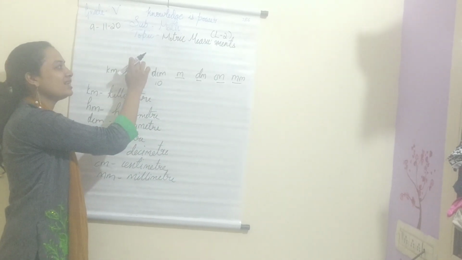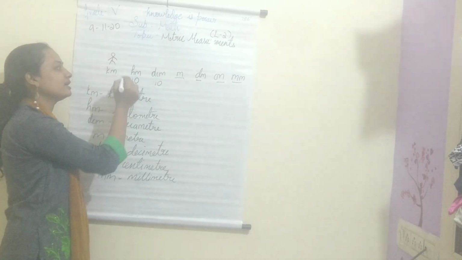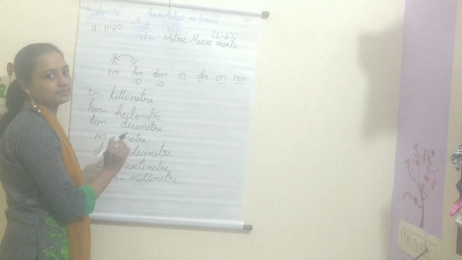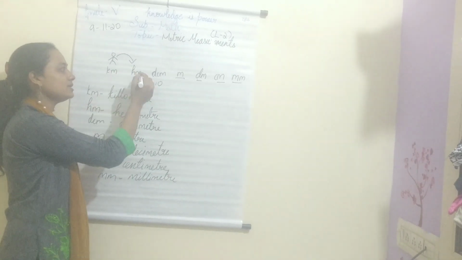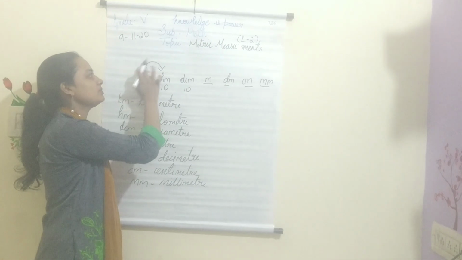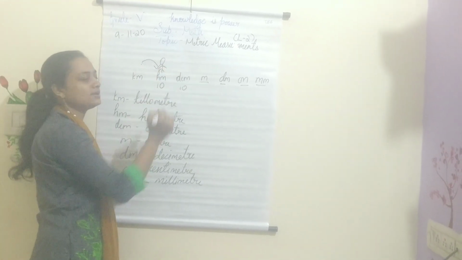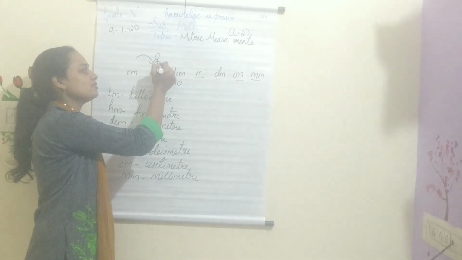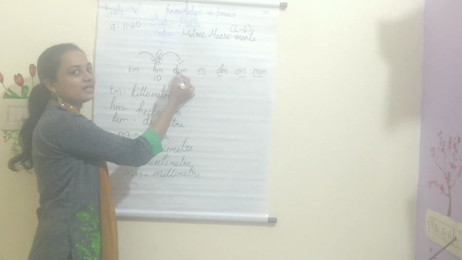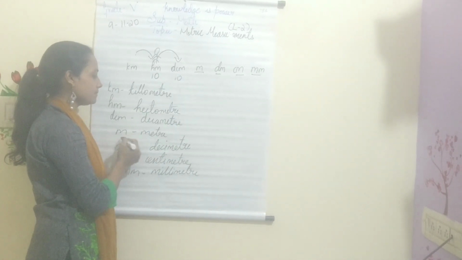When I am here and I come to my next place, there are only 10 steps. Similarly, now I have come to HM. So when I jump from HM to DCM, again I have 10 steps. Similarly, M is meters.